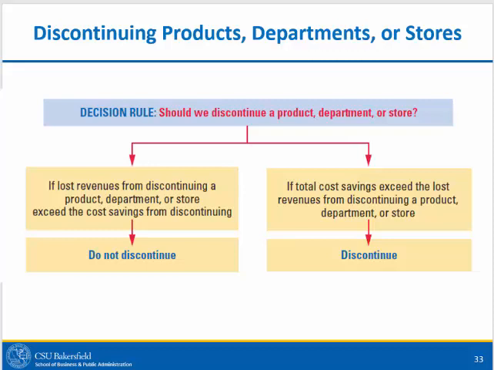The reason is, if you have more revenue loss than the cost you can save, that will give you a negative impact on your operating income in total. That's why you don't want to discontinue, because you're going to lose revenues and lose operating income.